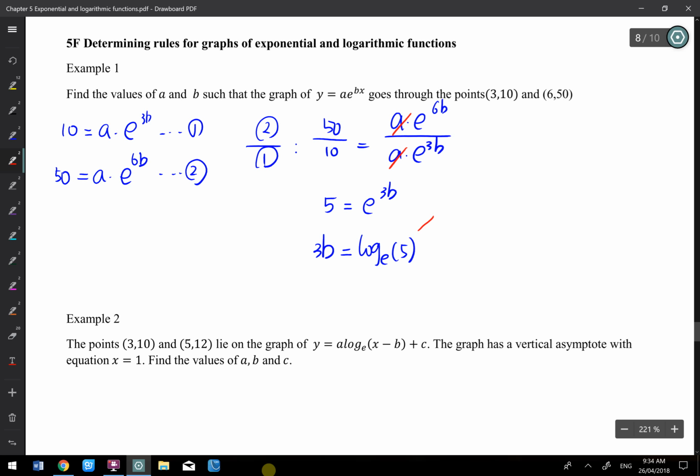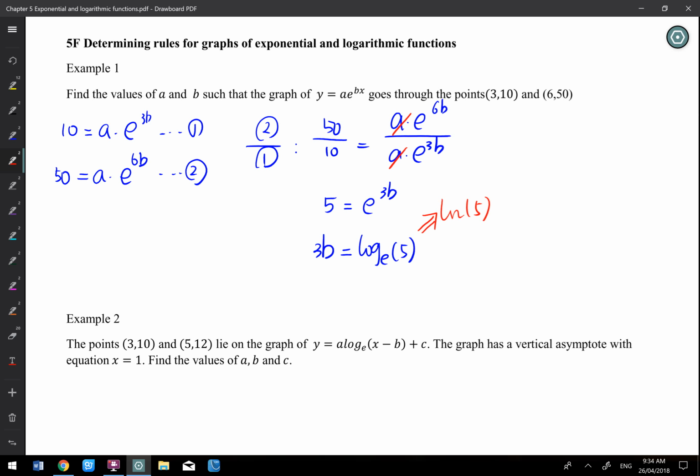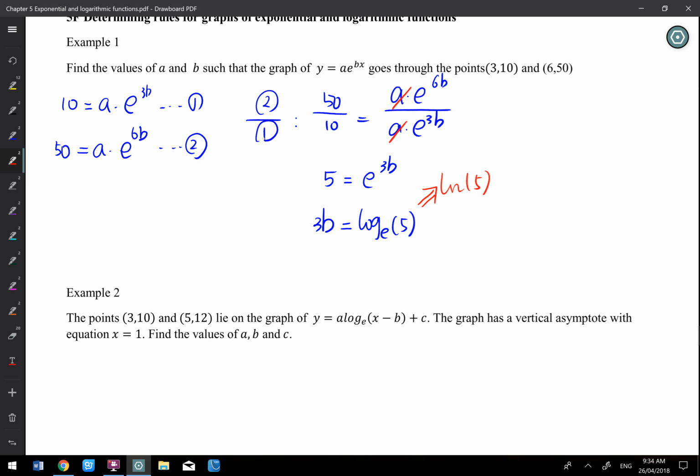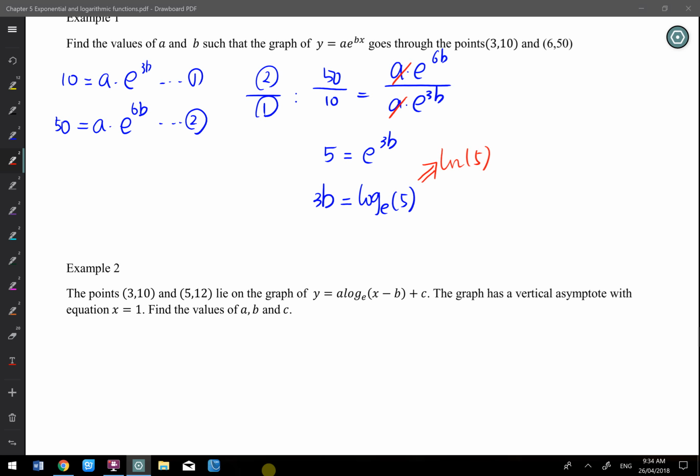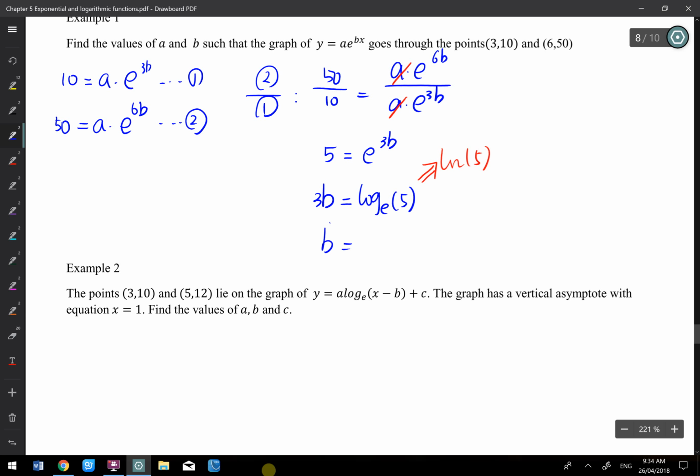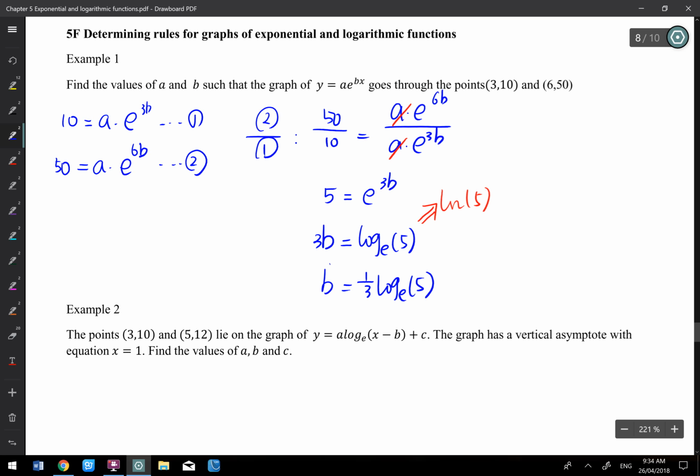So that's equivalent to ln 5. On the left hand side of your calculator, there's a button ln. That's log e. I haven't emphasized that before, so just letting you know now. So you can use ln 5 as well. So log e 5, and b equals a third log e 5.